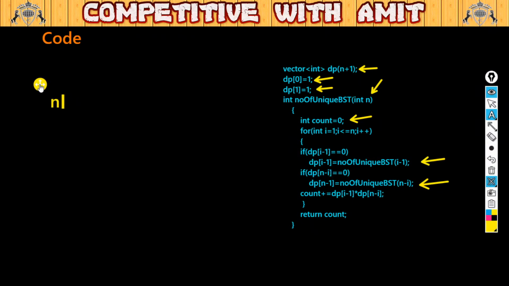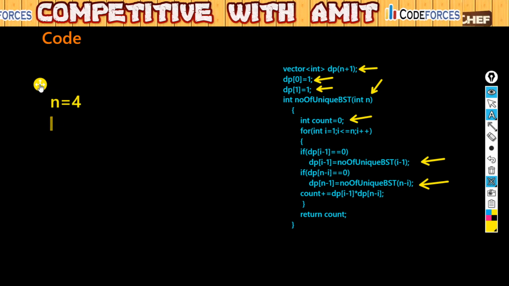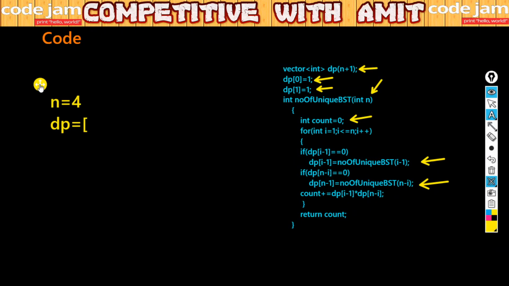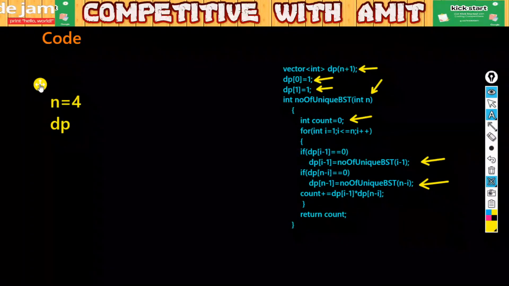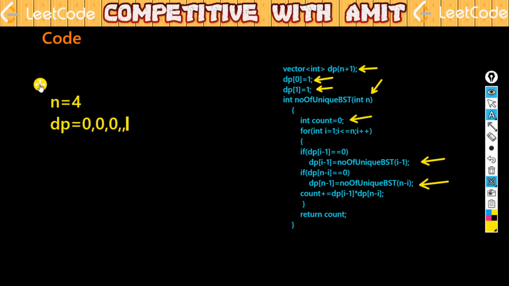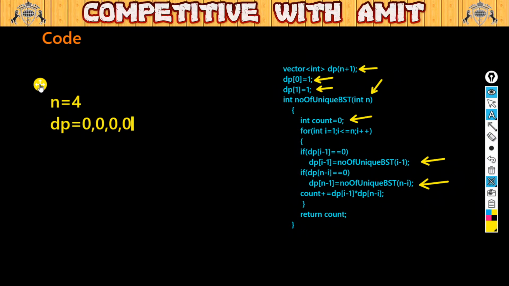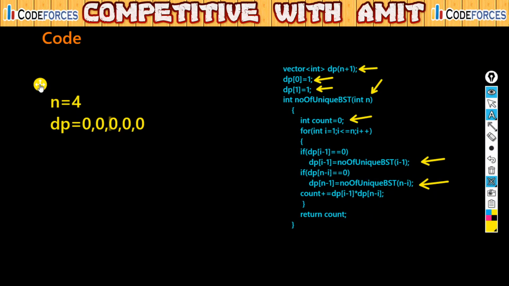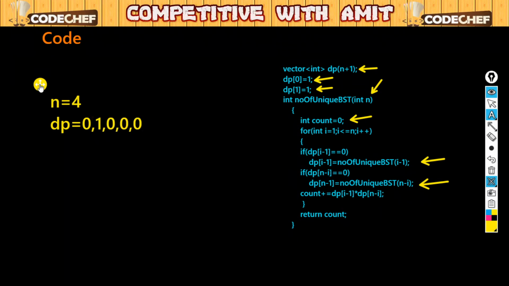So if we are trying to traverse this array, or if we make a stack, what will it be? We first initialize n equals to 4. Then I'll initialize dp. So dp at index 0 is equal to 0, so dp will be initialized initially by this. After that it will be initialized with 1 and 1.